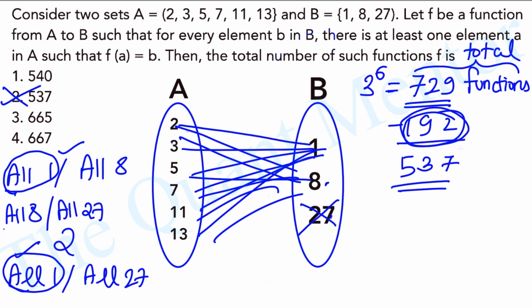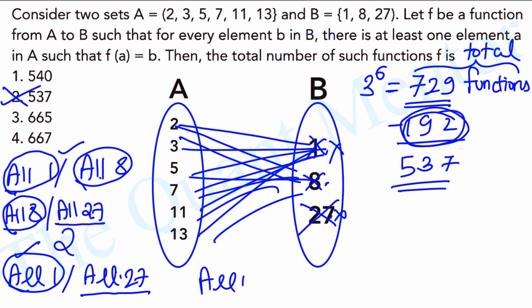Similarly, all elements corresponding to the number 8, we have counted them twice in the cases where we excluded 1 and 27 both. Similarly, all elements corresponding to 27, we have counted twice when we have excluded 8 and 1 respectively. So these three functions, all corresponding to 1 or 8 or 27, have been subtracted twice.